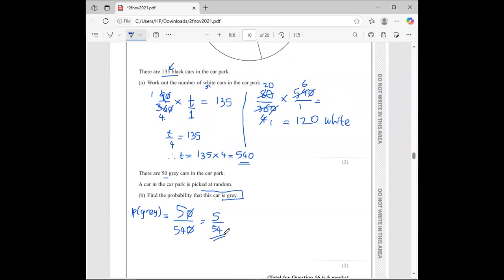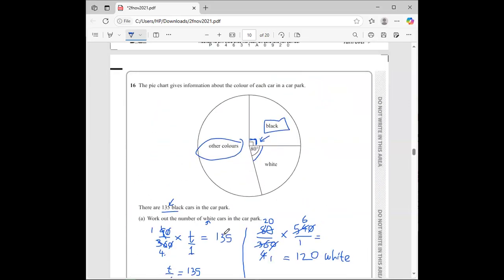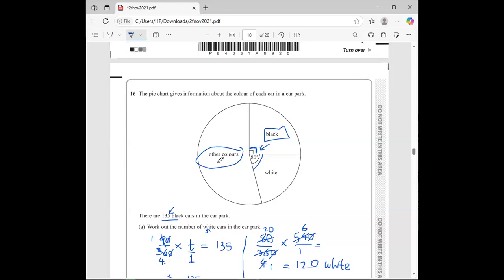No. Okay. Now, did you notice that they didn't ask you anything about the other colors except gray? And that one was even probability. But let's say there was a question about the probability of the other colors.